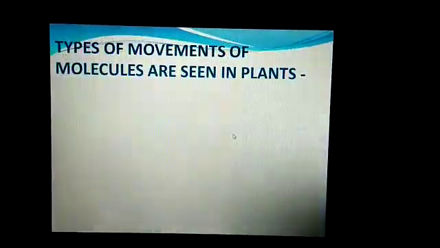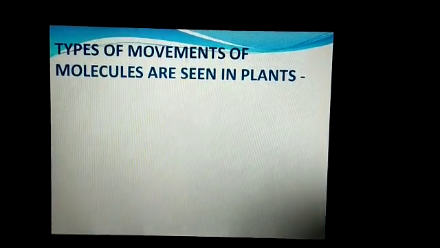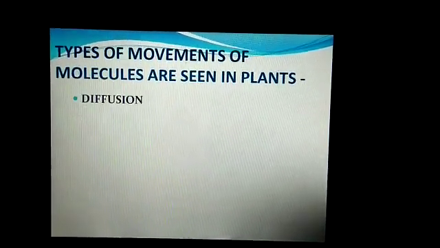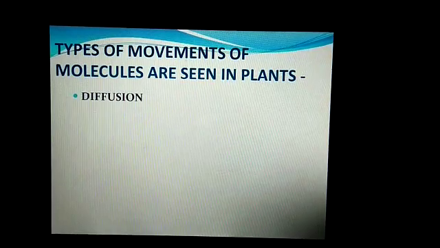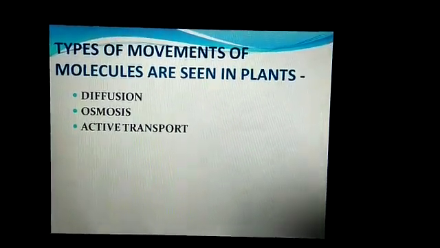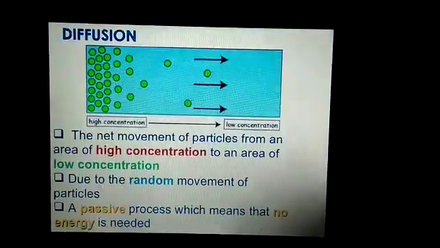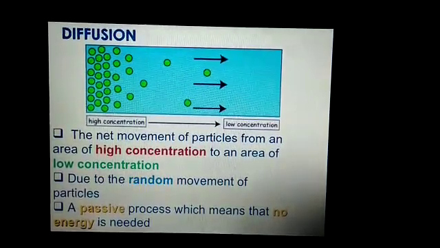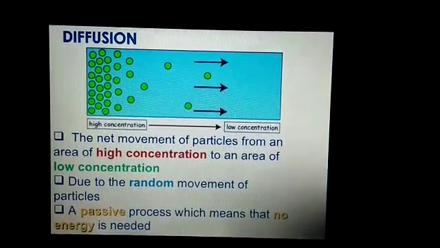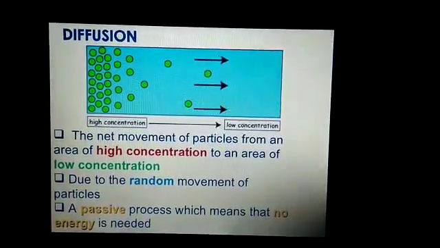So, next are the types of movement of molecules seen in plants. There are three types of movement of molecules. The first one is diffusion, second is osmosis, and third is active transport. Let's begin with diffusion. Diffusion is a net movement of particles from an area of high concentration to an area of low concentration.